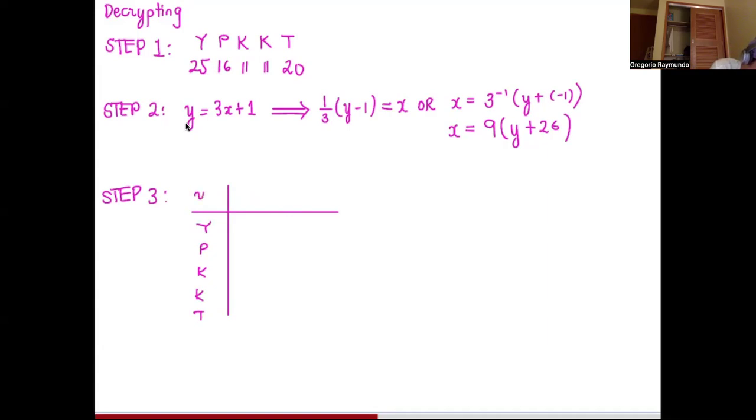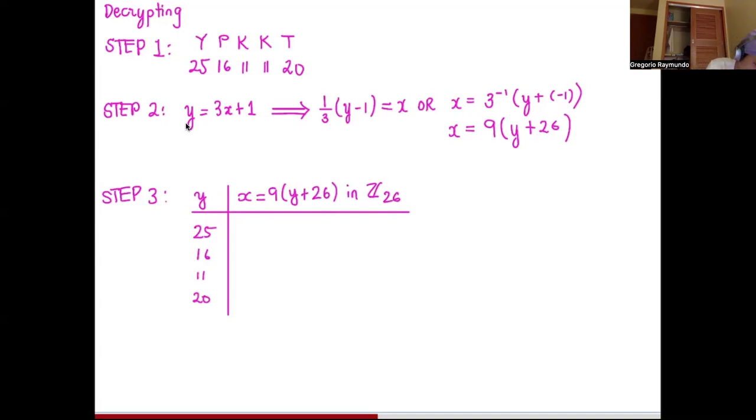Y pala ito. X is equal to 9 times Y plus 26 in Z26. Okay. So we have here, YPKKT. So ito ay 25, 16, 11, 20.